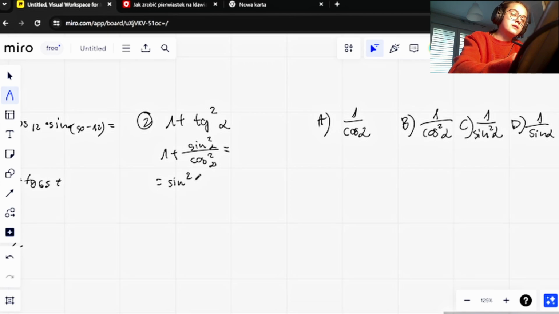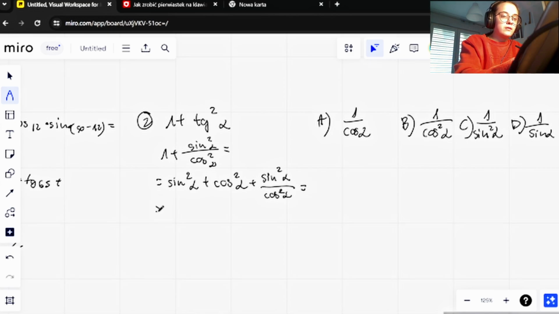Sinus plus. Okay. Now we will go and put this multiplied by cosinus squared.